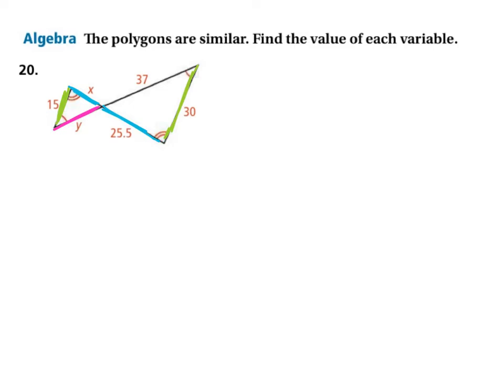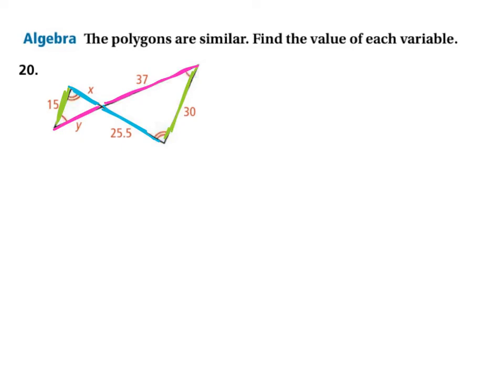If you're having trouble seeing that, you can go between the vertices that you know. Like we can see that this pink side goes between that vertical angle and the one with the single angle mark. Vertical angle to single angle mark, vertical angle to single angle mark, those are both pink. Vertex, vertical angle to double angle mark, and then single to double angle mark. So those sides correspond.